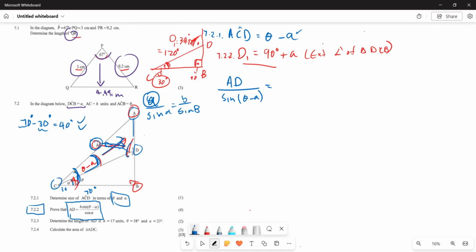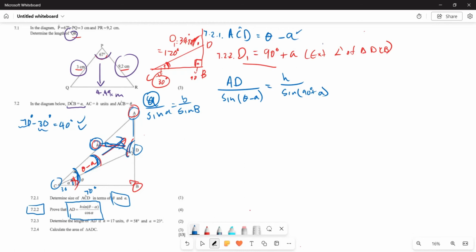Yes, we have H, and also that corresponds with your angle D1 that you've already calculated, which means this is going to be H over sine of what we found as our D1. What did we find it to be? This is 90 degrees plus your alpha, right? So this is going to be that.